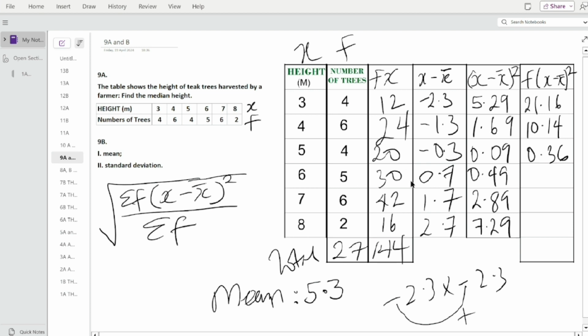We have 5 times 0.49 will give you 2.45. We have 6 times 2.89 will give us 17.34. And the last, we have 2 times 7.29 will give us 14.58.